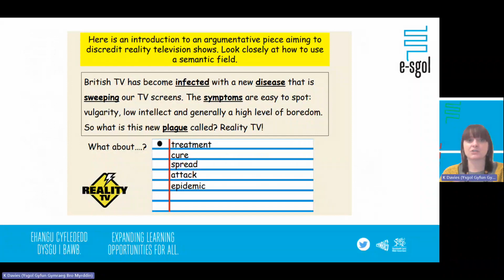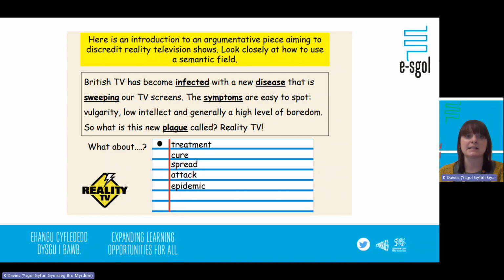So here's an introduction to an argumentative piece aiming to discredit reality television shows. So look closely at the semantic field that's being used. A semantic field is just a list of vocabulary associated with a certain topic. So British TV has become infected with a new disease that is sweeping our TV screens.